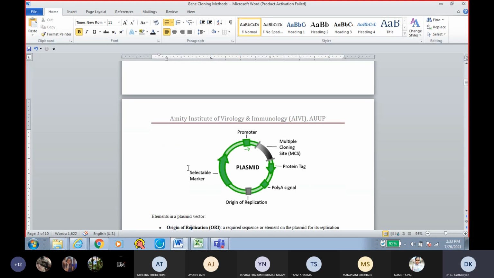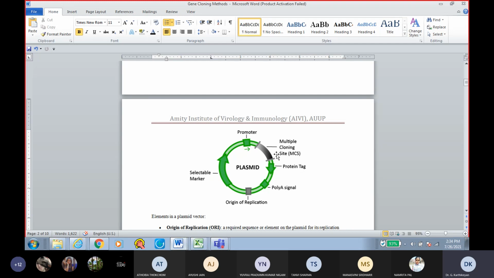Okay, so this is the structure of a plasmid that you're seeing. You have a promoter that is going to drive the gene of interest that you have. And this gene of interest is cloned into a region called the multiple cloning site. Some of this you may be aware of; this is just reinforcing those concepts.